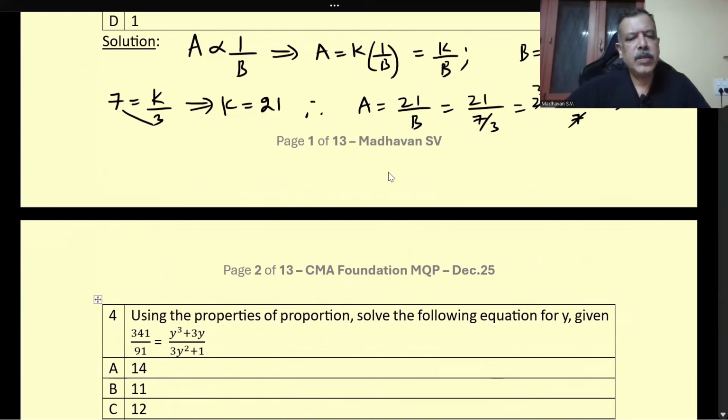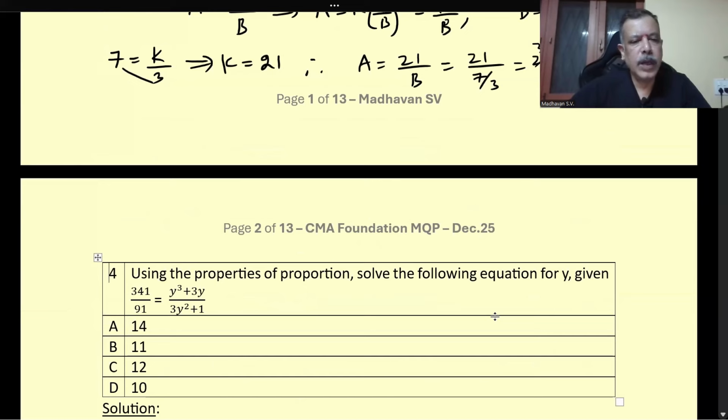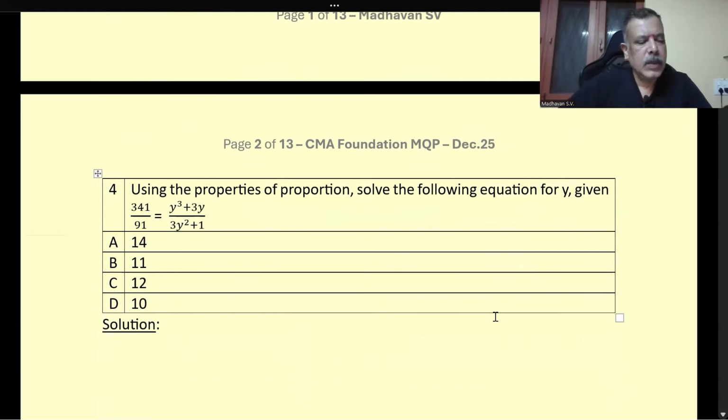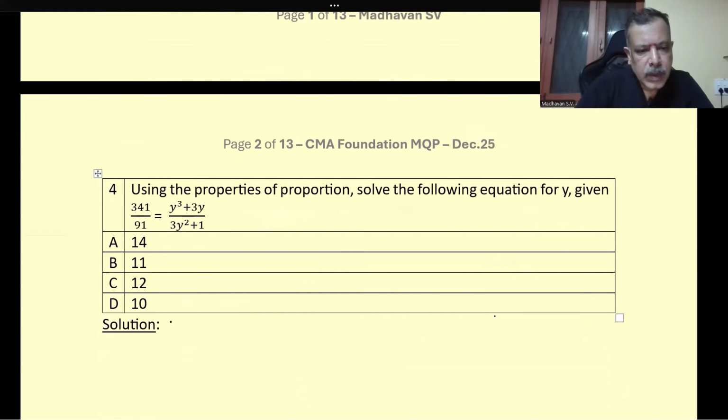Using the properties of proportion, solve the following equation for y. Given 341 by 91 equal to y cube plus 3y divided by 3y square plus 1. So we will be using componendo and dividendo.